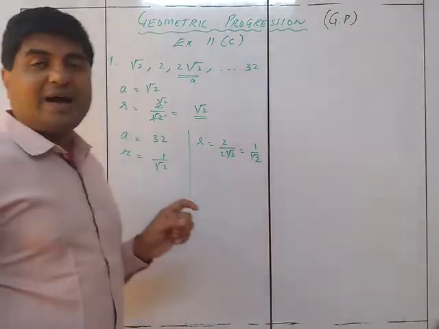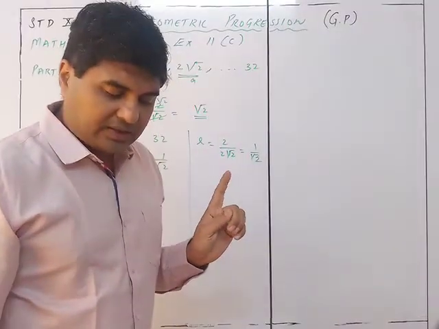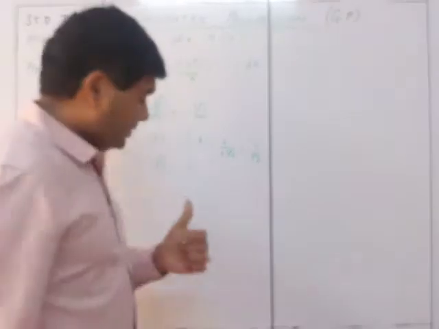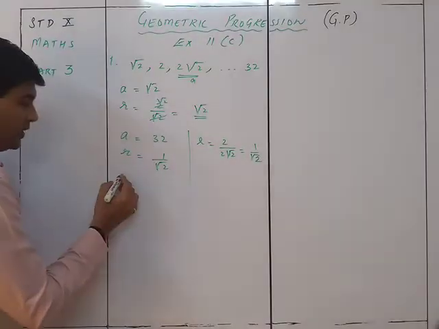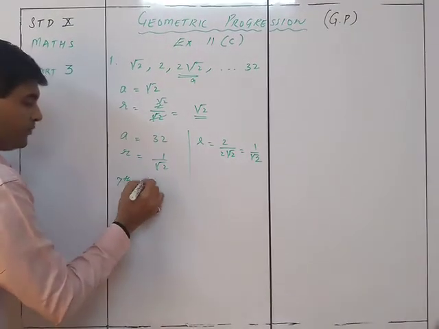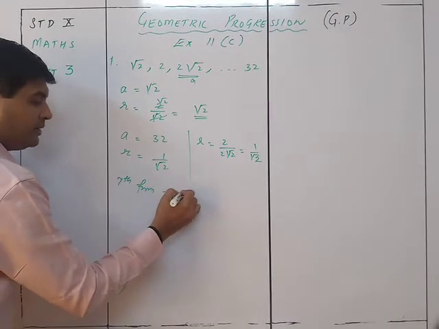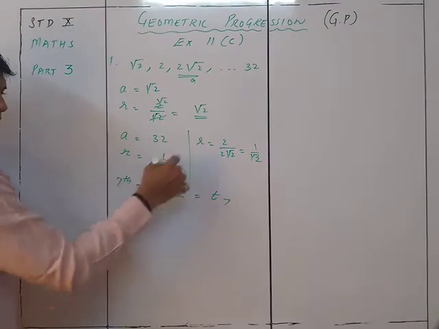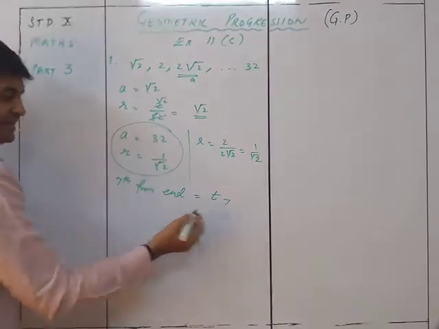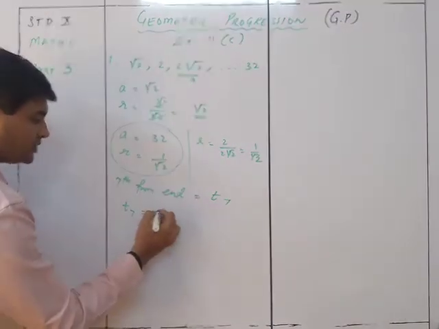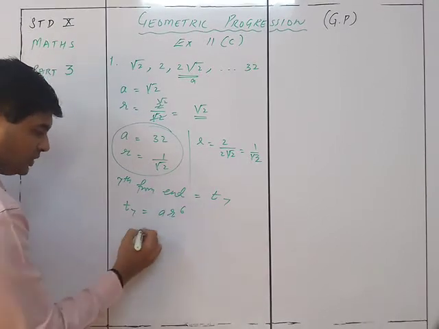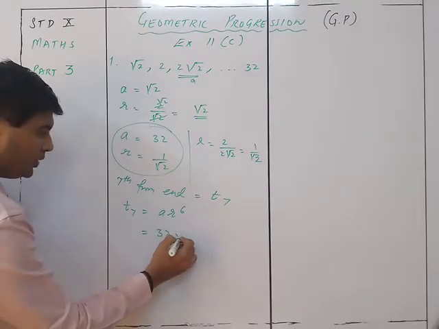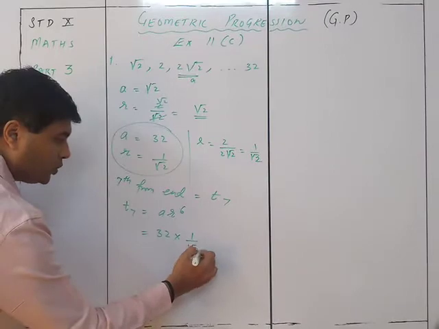Right, so we are going to take the reverse, because they asked the question to find out the seventh term from the end. So seventh from end will be T7. T7 is equal to AR raised to 6. So that is going to be 32 into 1 upon root 2 raised to 6.